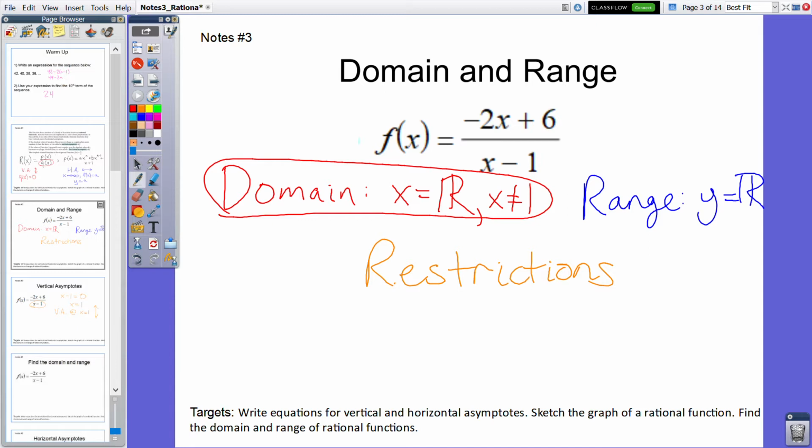It's just not defined there. And the reason is that if we replace x with 1 in our denominator here, 1 minus 1 is 0, and we can't divide by 0. So the only value that makes the denominator 0 is 1. Now looking at our range, once again, here's how we find our horizontal asymptote here.